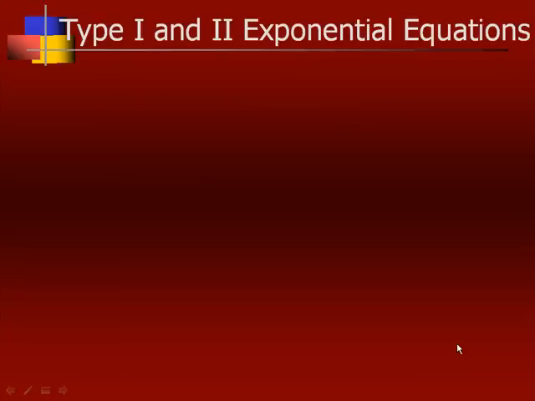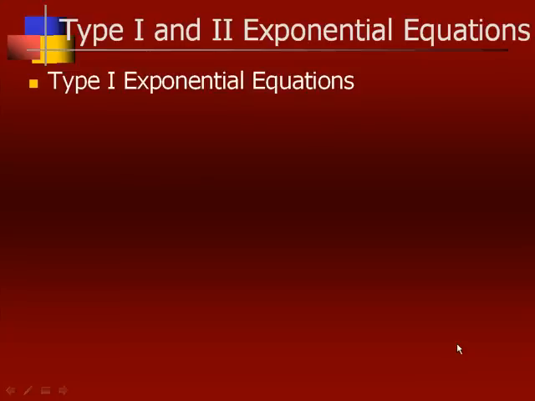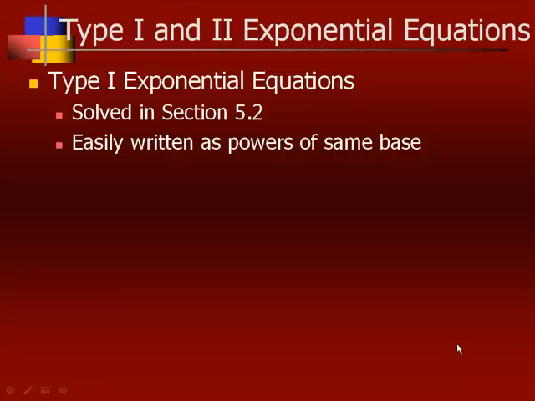Now we've got type 1 and type 2 exponential equations. Type 1 equations were solved in section 5.2. They are easily written as powers of the same base. For example, 125 to the y is equal to 5 to the x. We would write both of these as a power of 5.